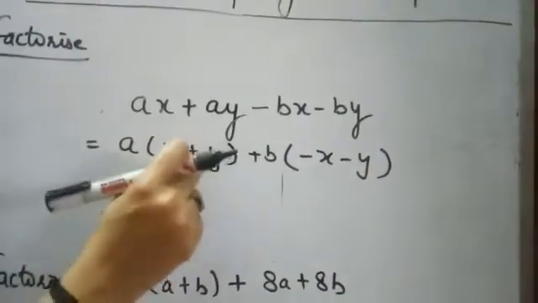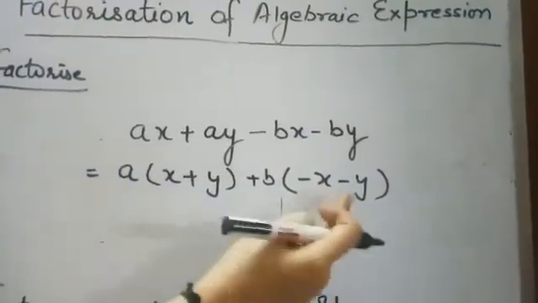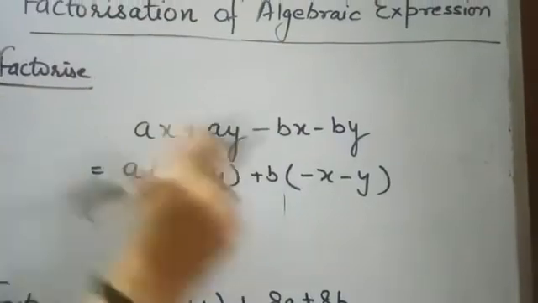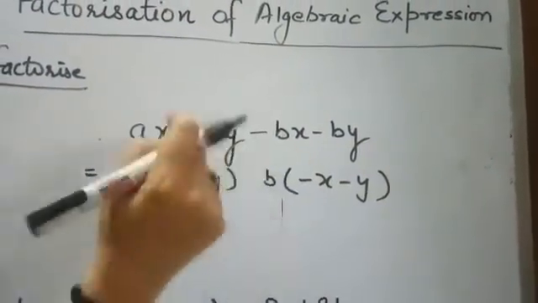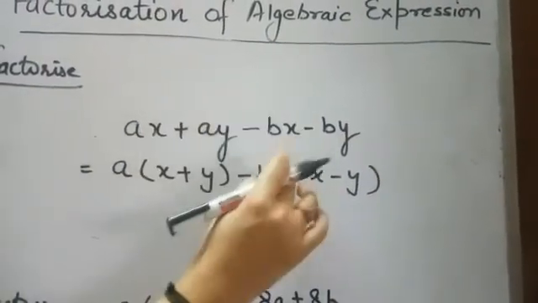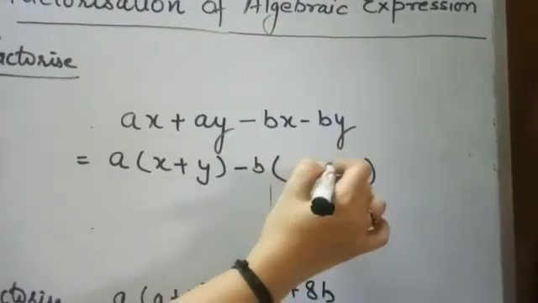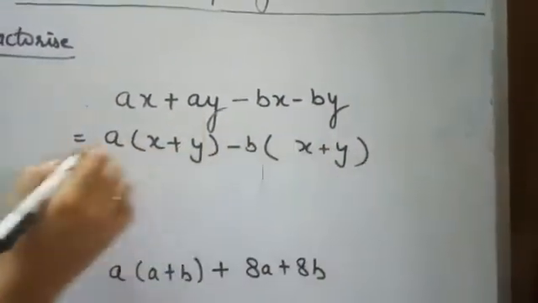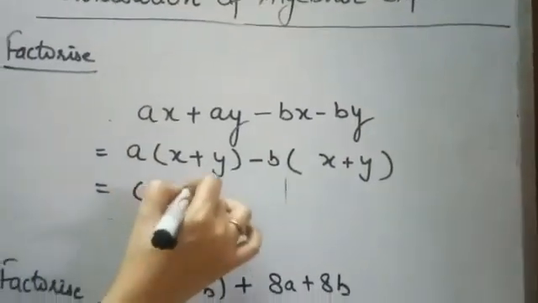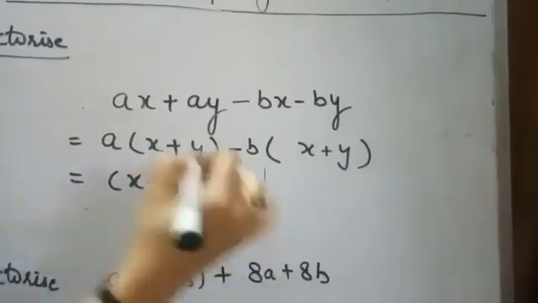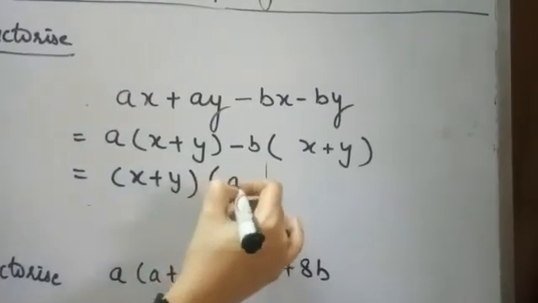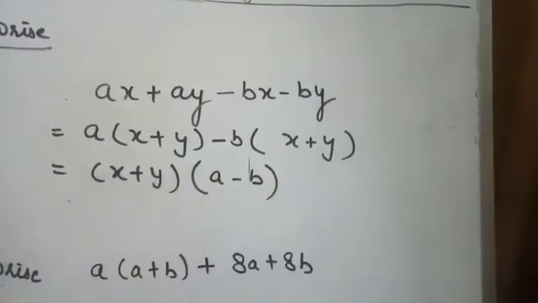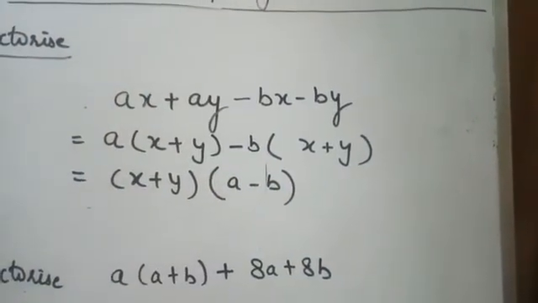You need x plus y here also so that you can take it out as a common factor. So if you take out minus b, these two terms become positive, x plus y. Now this binomial x plus y is common. In the first term after taking out common we have a, and in the second term minus b. So this is your answer.